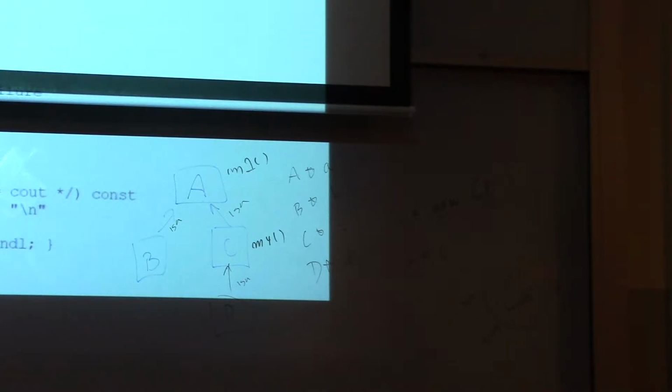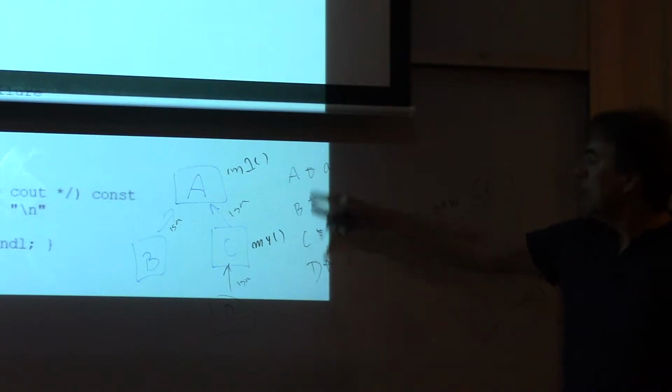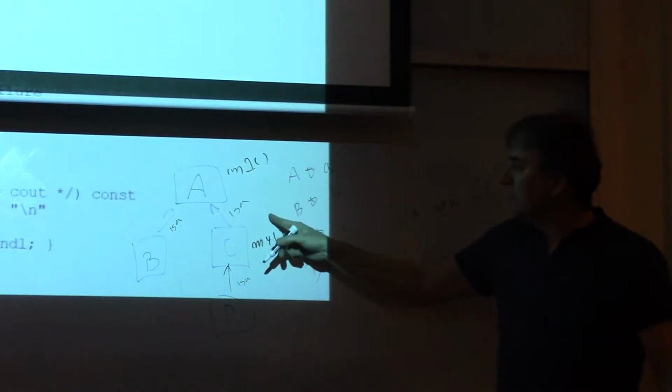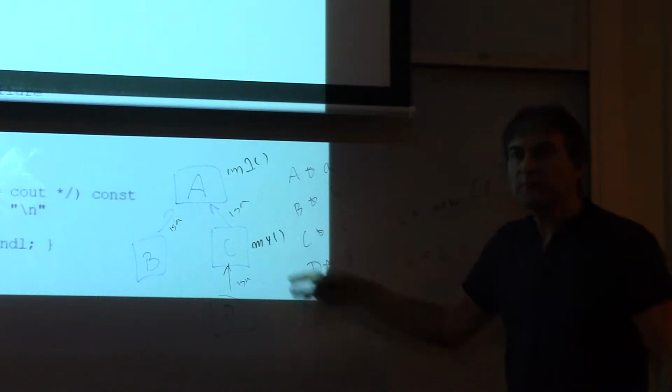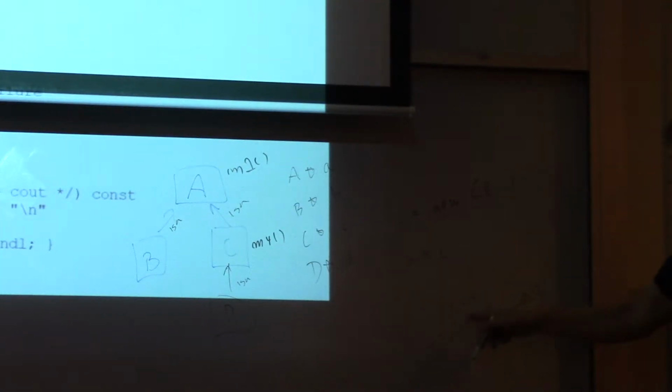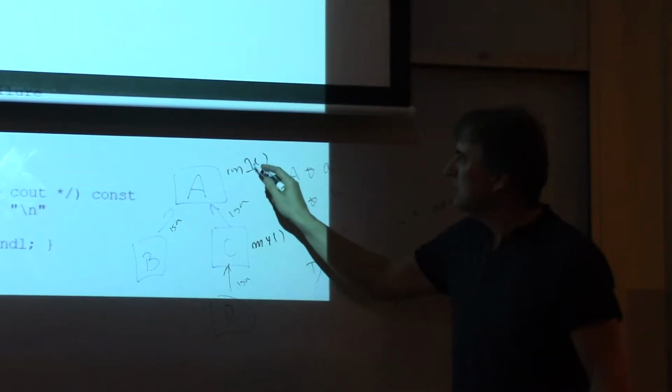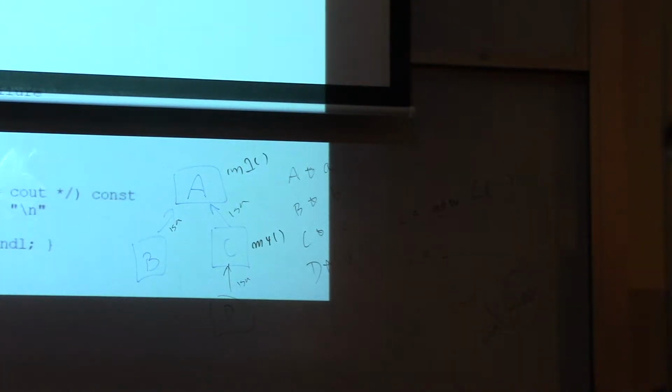Sure, why not, right? Because I have these methods. I inherited M1, that's my inherited method, and this is my appendant method. So both of these are on C, so the C pointer can invoke M1 or M4. Again, as long as it's public and not private, right? Okay. Now, A is pointing at the same object.